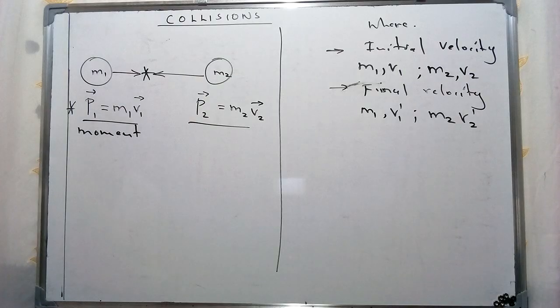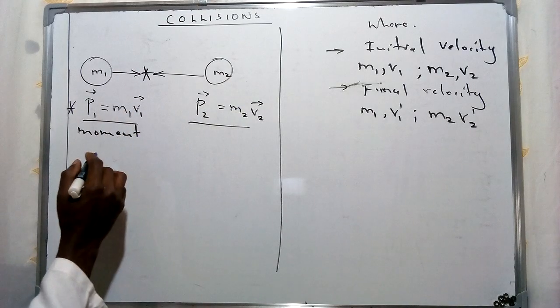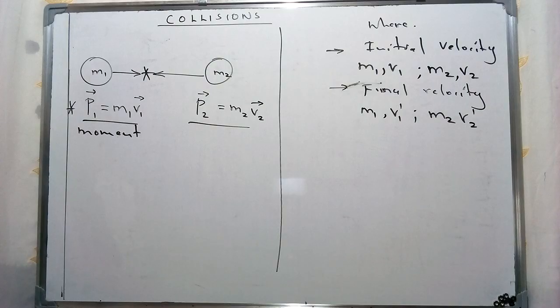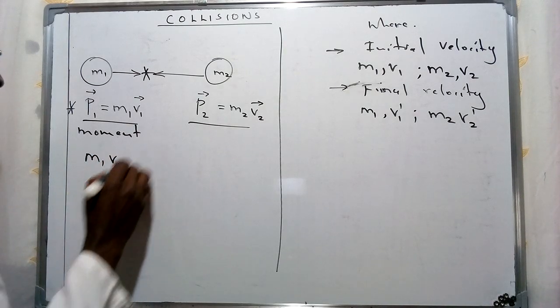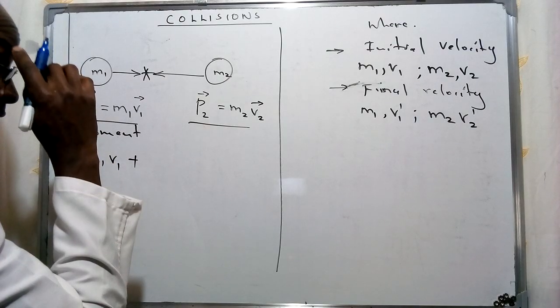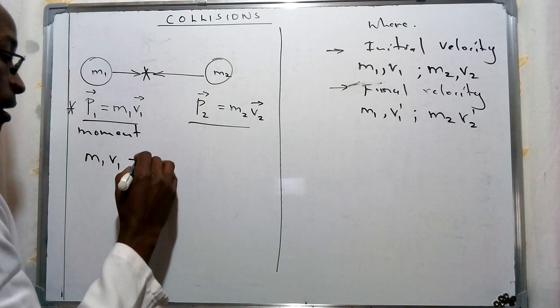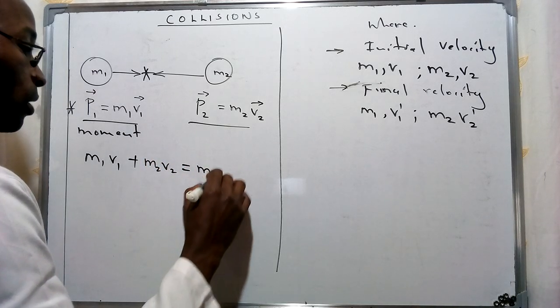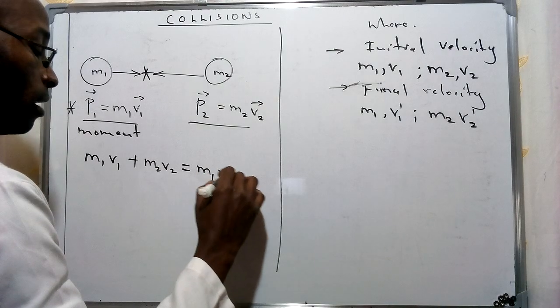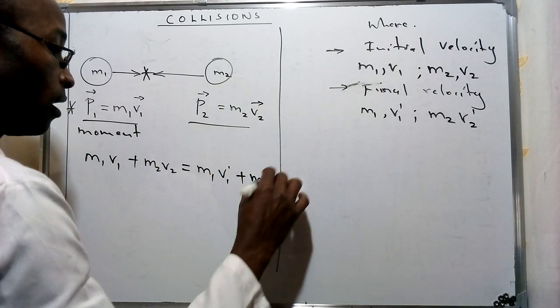We can as well consider their kinetic energy, which can be given in a specific way. So we can describe this collision in consideration of the events before and after collision, whereby the sum of the momentum before collision, m1 v1 plus m2 v2, is equivalent to the momentum after collision, m1 v1 prime plus m2 v2 prime.